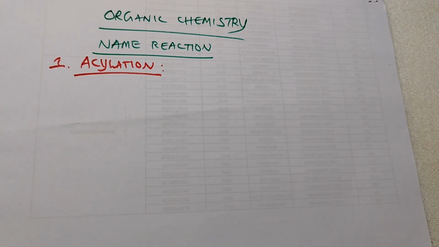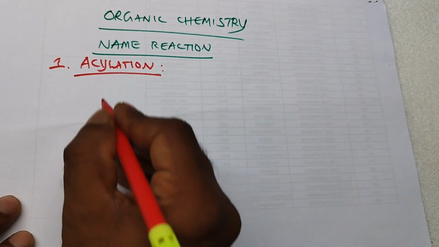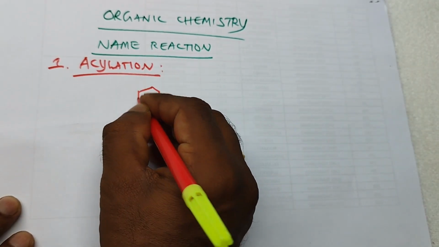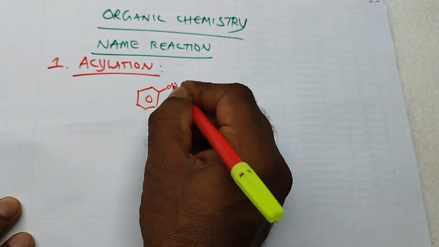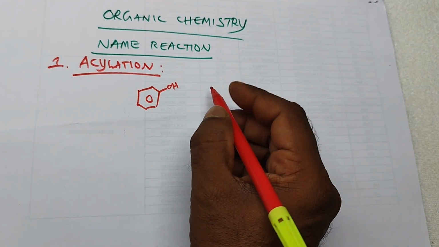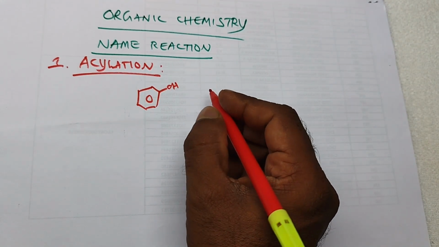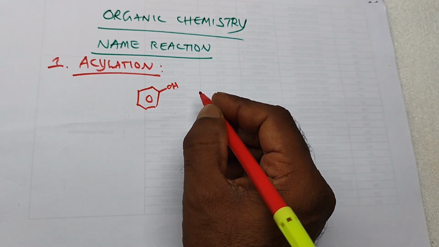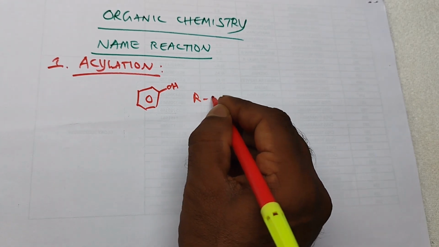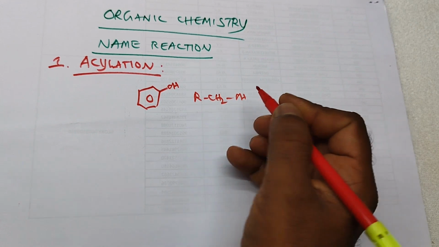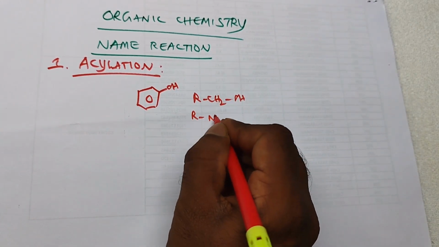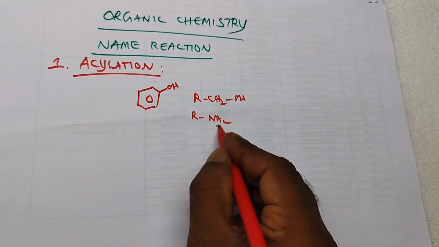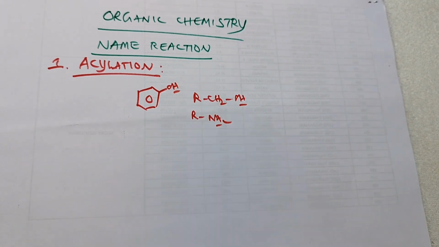So if you want to think about a few compounds like phenols, alcohols, amines, these all contain active hydrogen atoms.